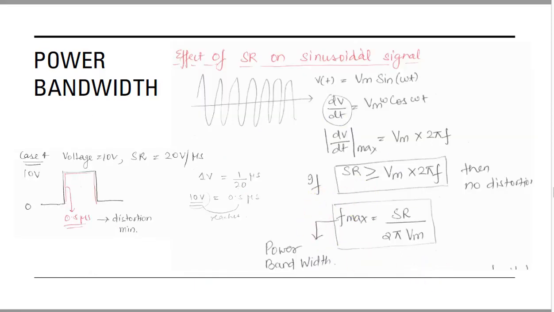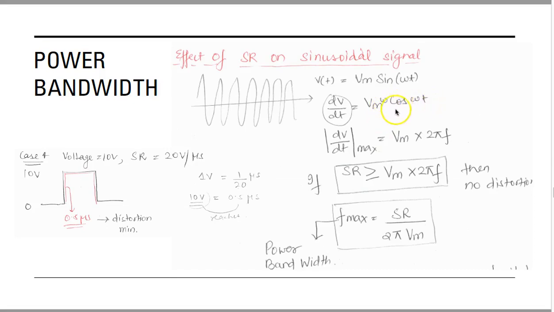The effect of slew rate on a sinusoidal signal. So this is the sinusoidal signal waveform formula: V equals Vm sin omega t. Now if you take the differentiation of this first equation with respect to time, you will get dV by dt equals Vm into omega cos omega t.